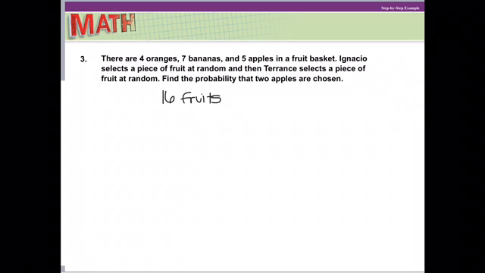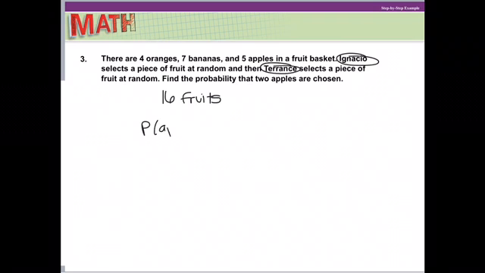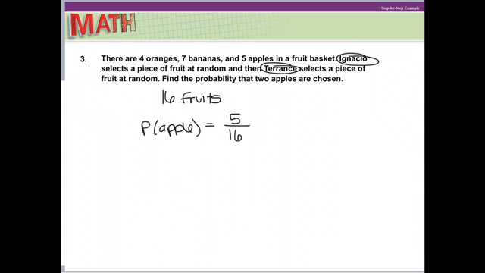Since the first piece of fruit that Ignacio picked did not go back into the basket, it changes the probability of picking an apple for Terrence, because now there's not as much fruit in the basket. The probability of an apple first would be 5 out of 16, because there's 5 apples and 16 total pieces of fruit.